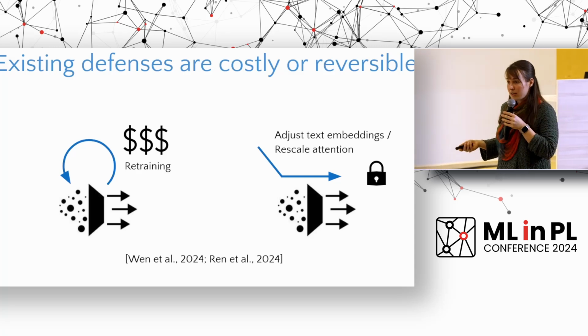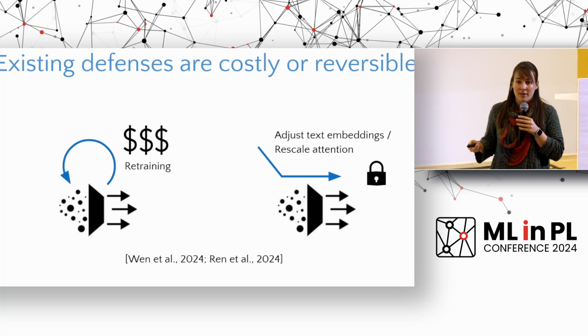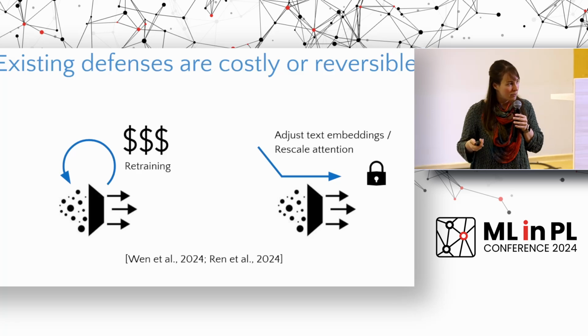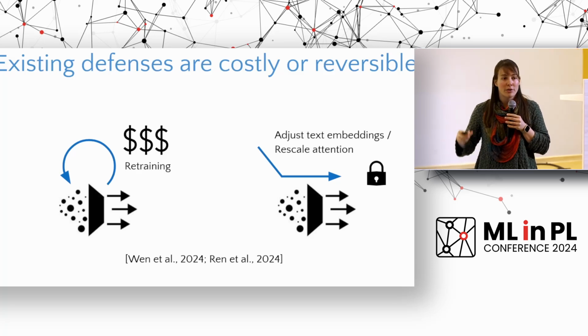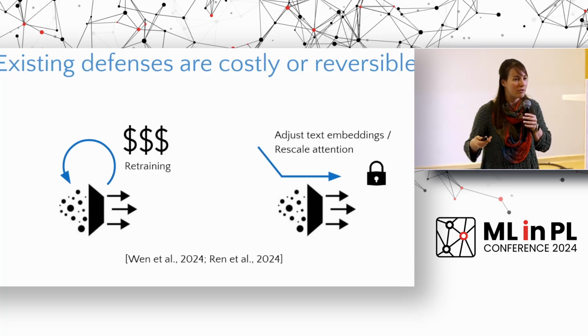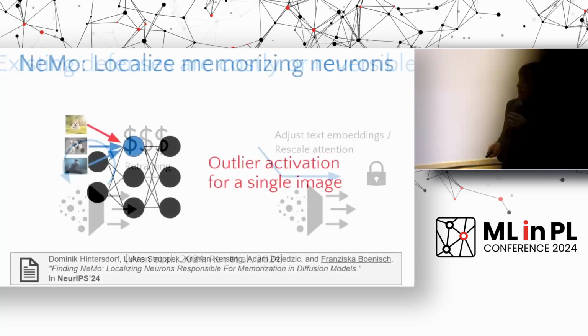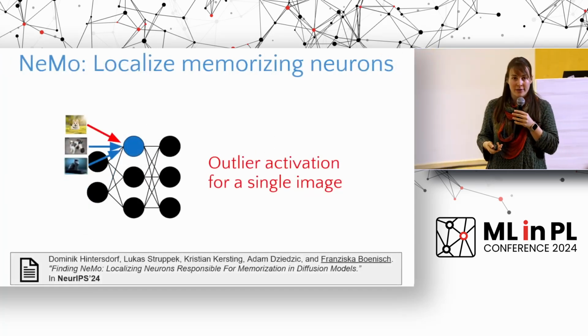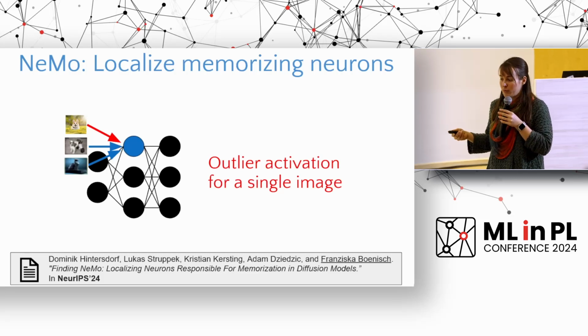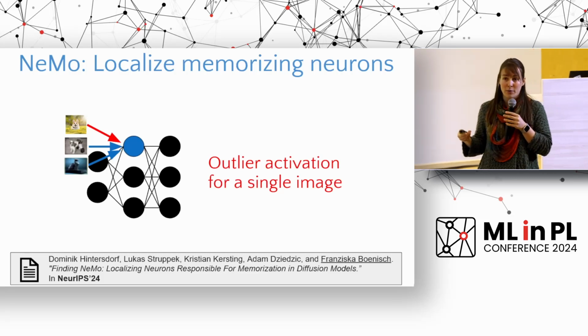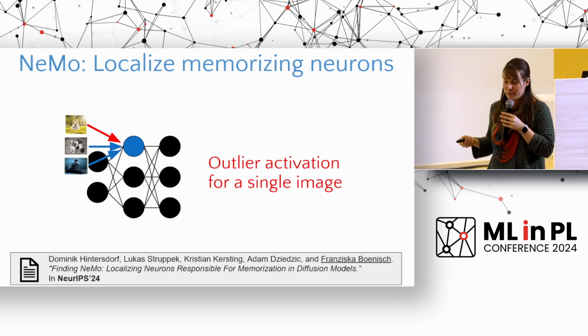That was basically the departure ground for our work, where we said we want a defense that alters the model directly, such that the memorization is permanently removed from it. But we wanted that to be cheap in terms of computation and not very time consuming. Our intuition on how we can do that is by identifying which of the model parameters are responsible for memorizing particular data points.